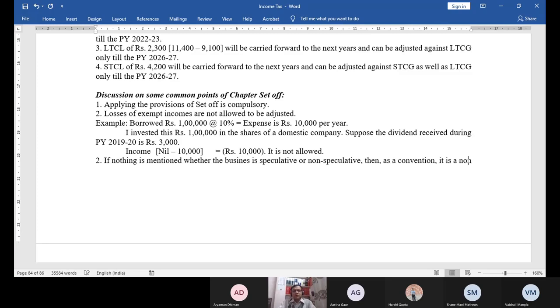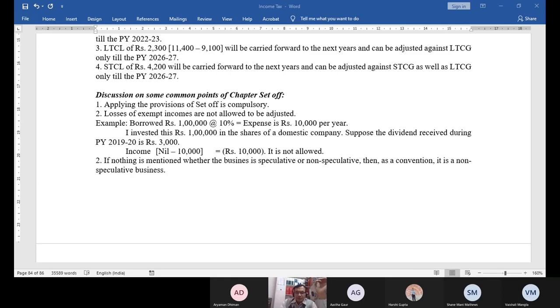It is non-speculative, because speculative cases are exceptional. Always we assume that it is a non-speculative business. These are some common points which you must remember. And this last point I would like to show.